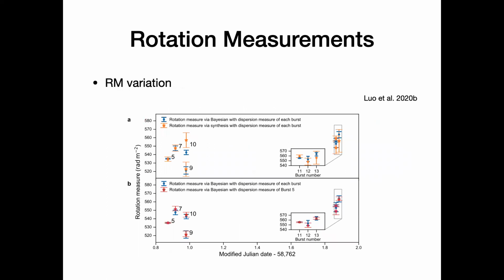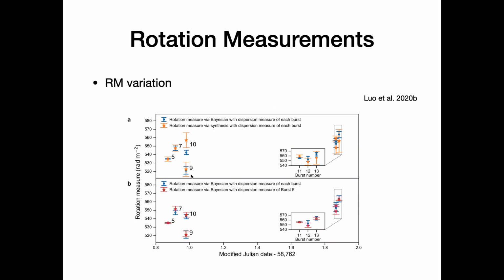And for the RM value, as we measured the RM value of different bursts, we can plot the RM variation here. And we found the RM varied in a short time, maybe with 10% amplitude.